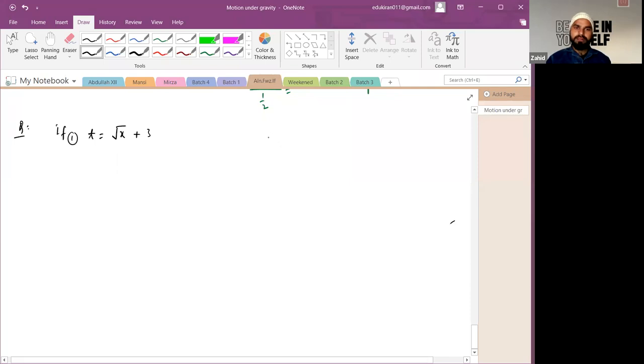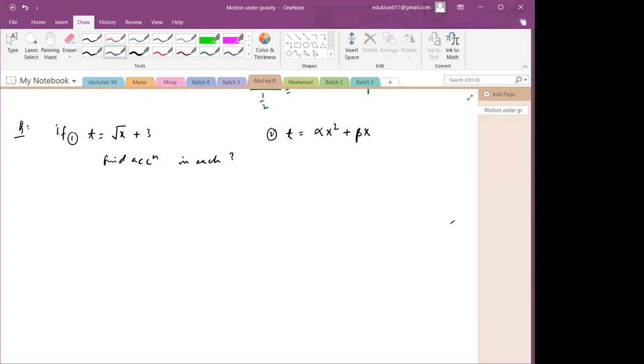This is one type of question. And t is equal to some alpha times x squared plus beta times x. Find acceleration in each. Try to solve. Okay, sir.